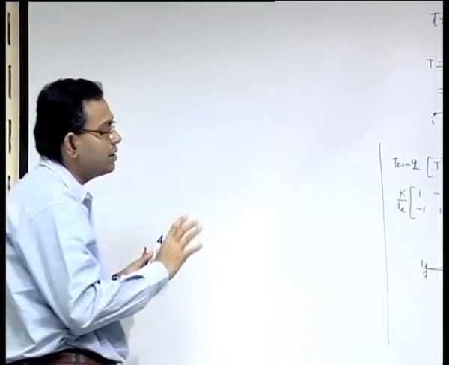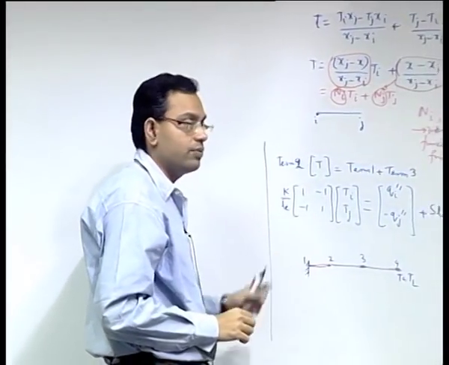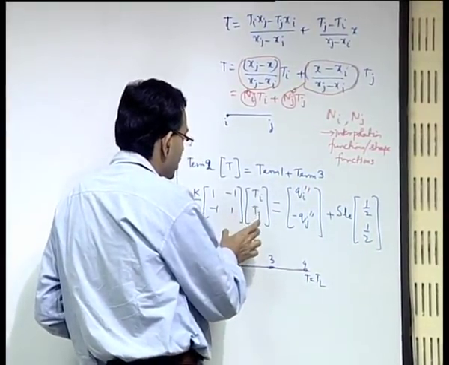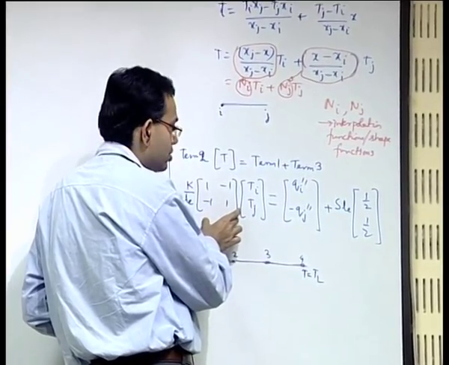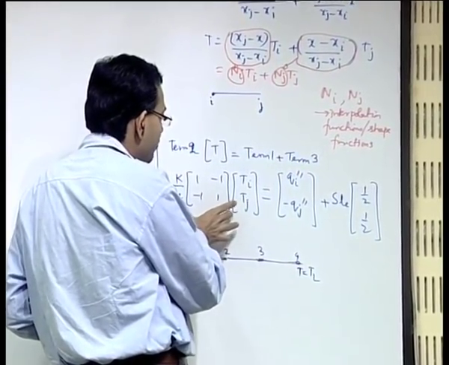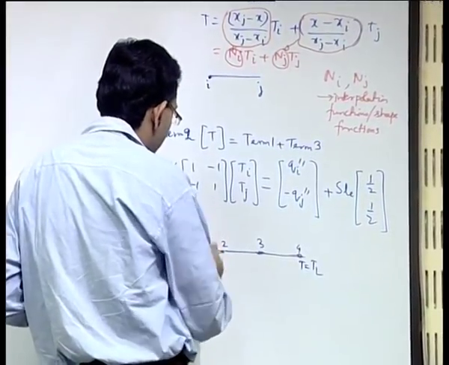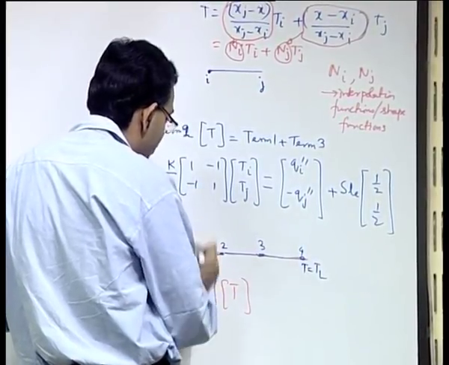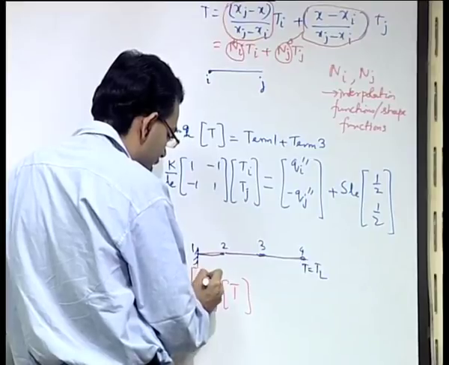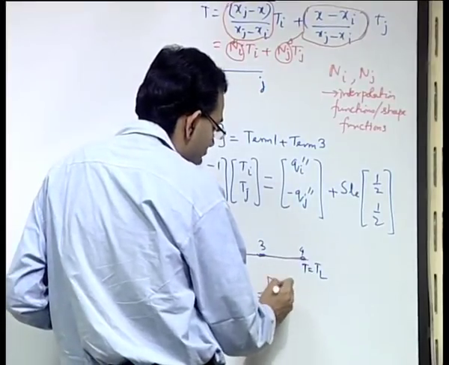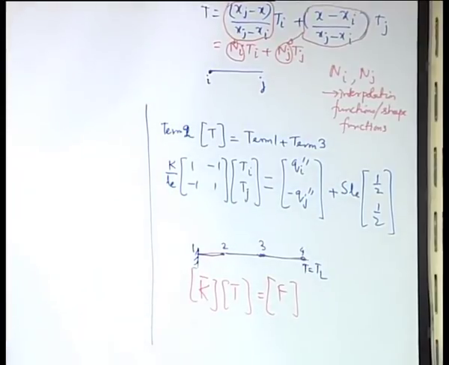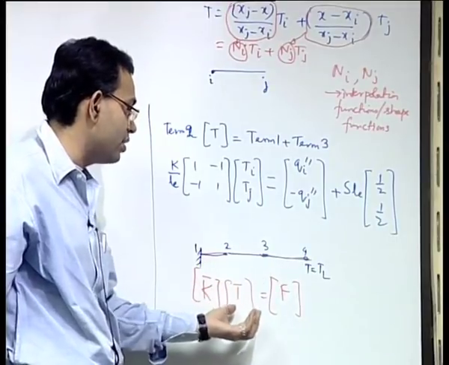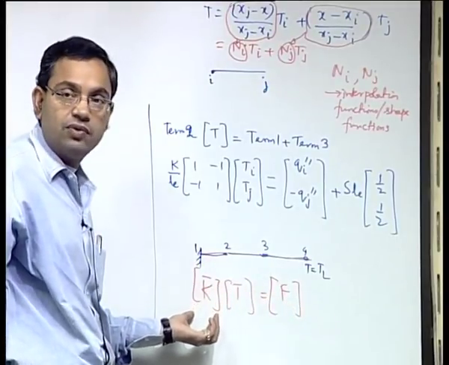Now, there are certain important things that you can observe from here. One is that for each element you are getting a 2 by 2 matrix. The left hand side is of such a form that you can write it as K bar into T equal to some F, where capital K is different from the thermal conductivity. This is the hallmark of a linear system. Just like a linear spring mass system, you have Kx equal to F, where K is the stiffness of the spring.